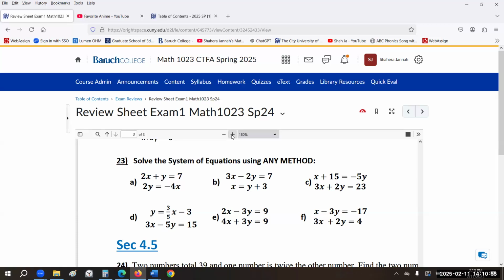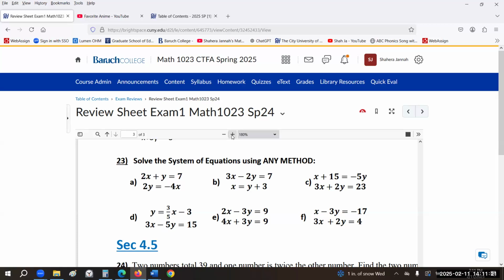Do you see a sign between 9 and y? When you have 9y equals negative 9, if you want to subtract, you have to have a plus sign between them. Do you have a plus sign between them? So can you subtract? No.